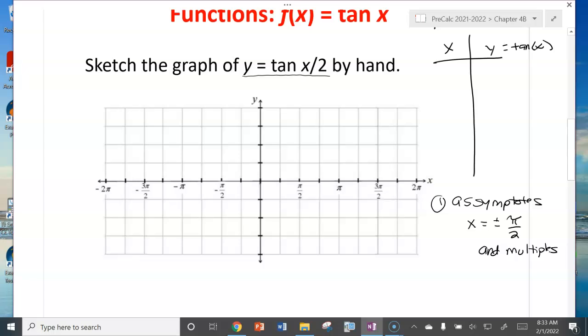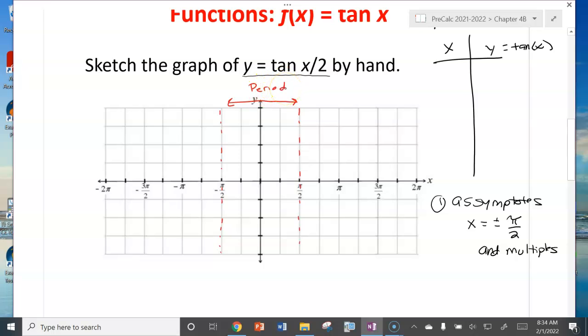So we're going to have an asymptote at pi over 2. So I'm going to sketch that one in here. We'll also have one at negative pi over 2. And that right there also happens to define our period.